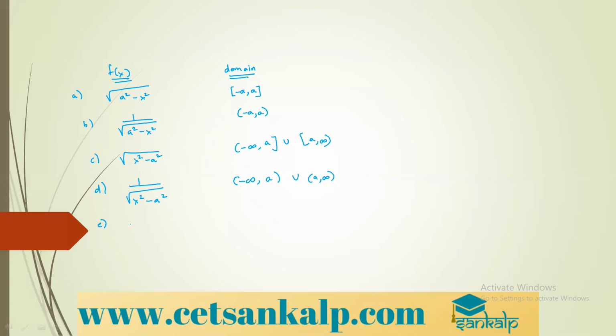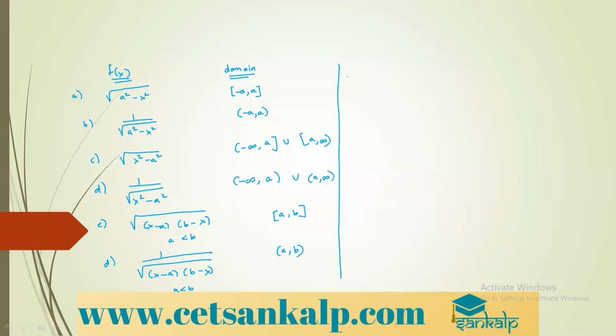Then if you have square root of x minus a into b minus x, remember a is less than b, then the domain is from a to b. But if the function is 1 by square root of x minus a into b minus x, where a is less than b, then the domain will be in between a and b.